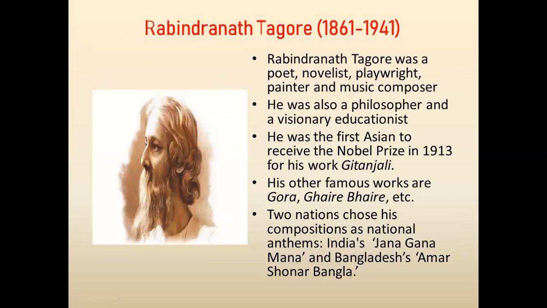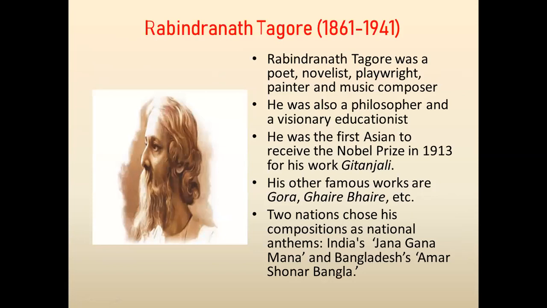Now let us take a quick look at Rabindranath Tagore, the writer of this short story. Rabindranath Tagore was a poet, novelist, playwright, painter, and music composer. He was also a philosopher and a visionary educationist. He established Shantiniketan, and it is one of its kind in the whole world.